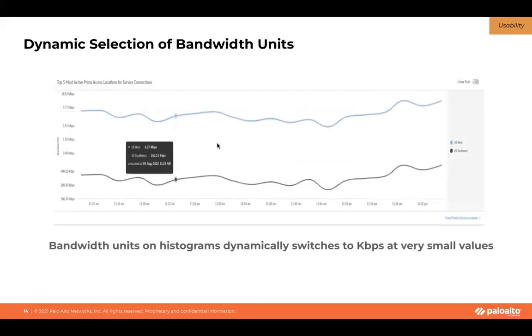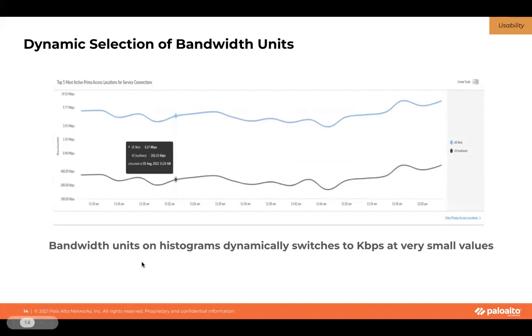The other feature that we introduced was the dynamic selection of bandwidth units. Earlier, everything was in megabits per second. Now you do see that the significant figures go up as we represent the data at the lower end by kilobits per second. And of course, as you go higher and your consumption looks greater, you do see the chart data in megabits per second.